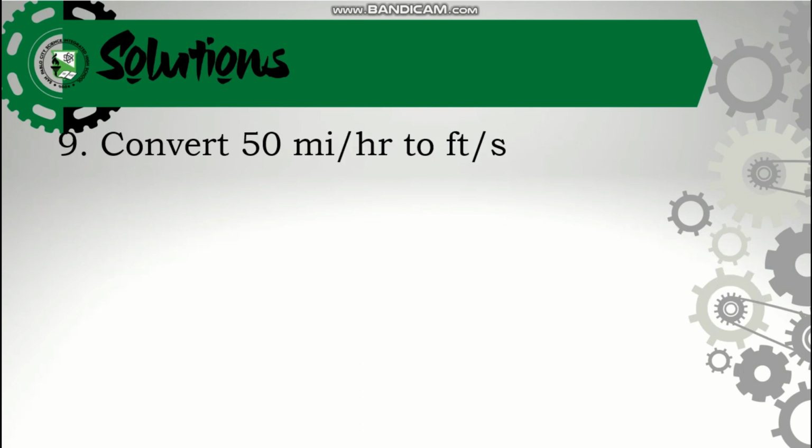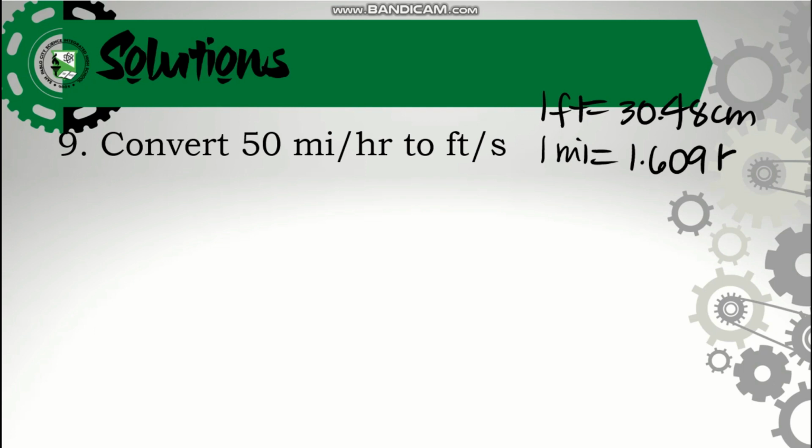Now let's move on to number 9, which is convert 50 miles per hour to feet per second. So on our recitation, there was a given conversion factor, which is 1 feet is equal to 30.48 centimeter, as well as 1 mile is equal to 1.609 kilometer.